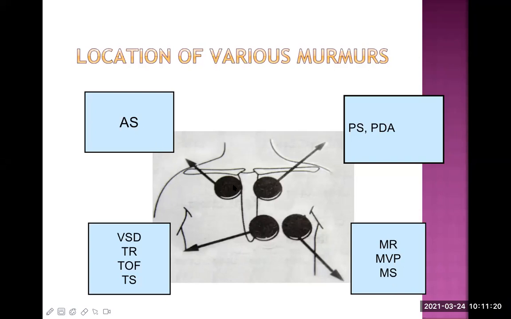Aortic stenosis murmur is heard in the aortic area. And at the LLSB, or lower left sternal border, or tricuspid area, these murmurs are heard: VSD murmur, tricuspid regurgitation murmur, tetralogy of Fallot murmur, and tricuspid stenosis murmur. Because TOF also has VSD, this VSD is heard here.